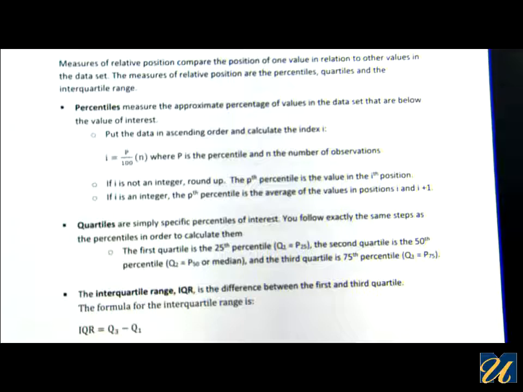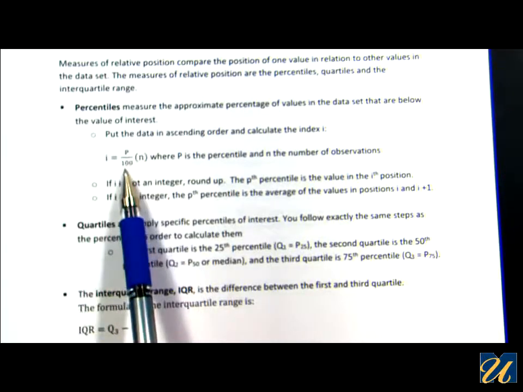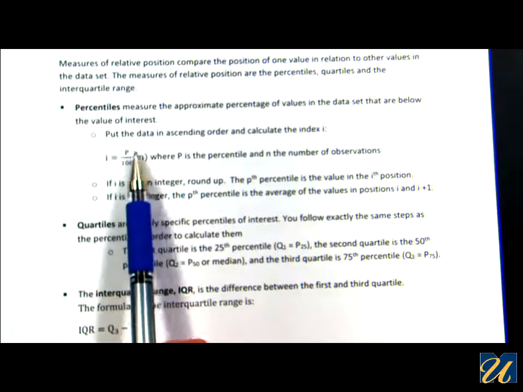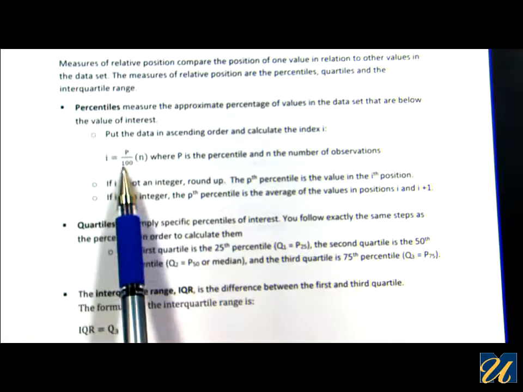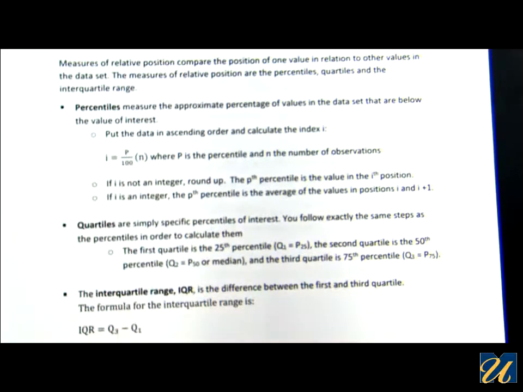It will give you the position of your percentile. You calculate index I by calculating P over 100 times N. P will be whatever percentile you're looking for. Let's say you're looking for the 30th percentile, P will be equal to 30. You're looking for the 70th percentile, P will be equal to 70. And N is the sample size of your data.